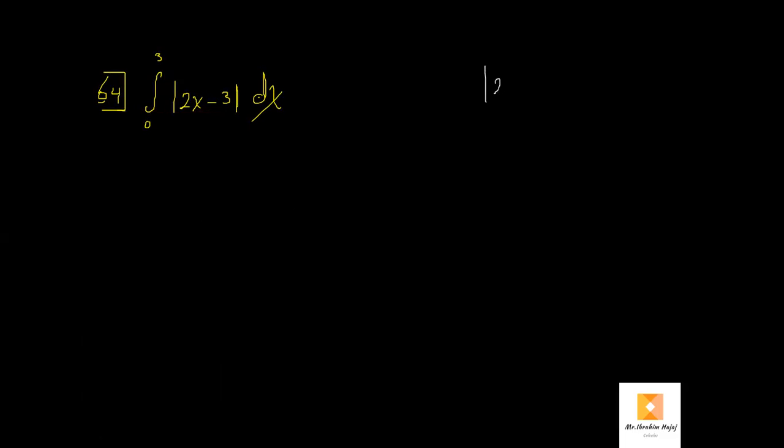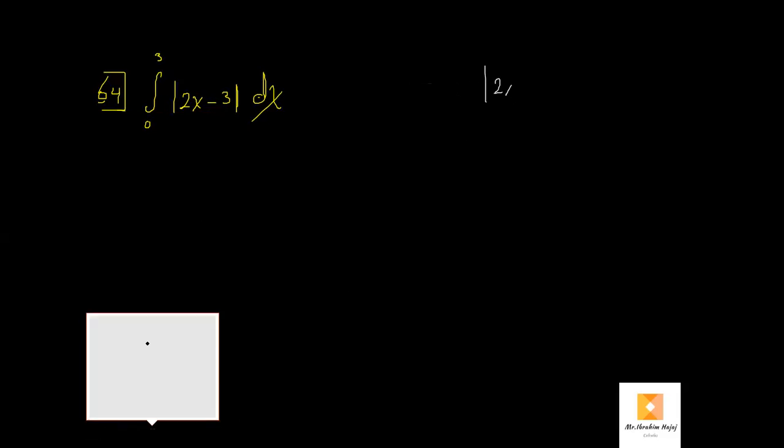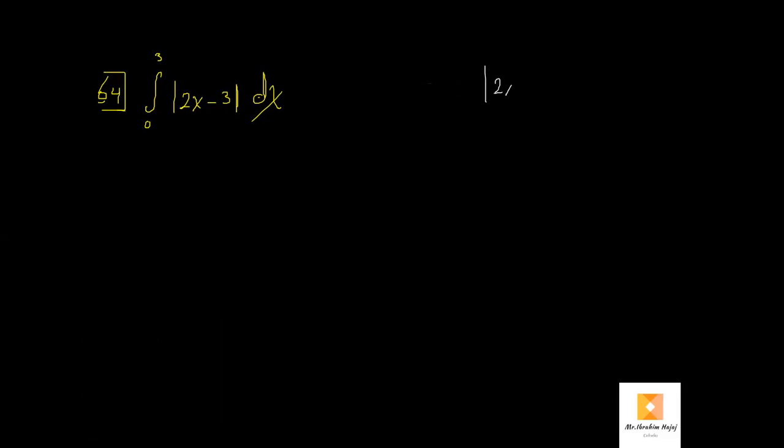We can rewrite this absolute value function again. Do we have any problem here? Is it continuous? It's continuous. We should redefine it: 2x minus 3 and negative 2x plus 3.